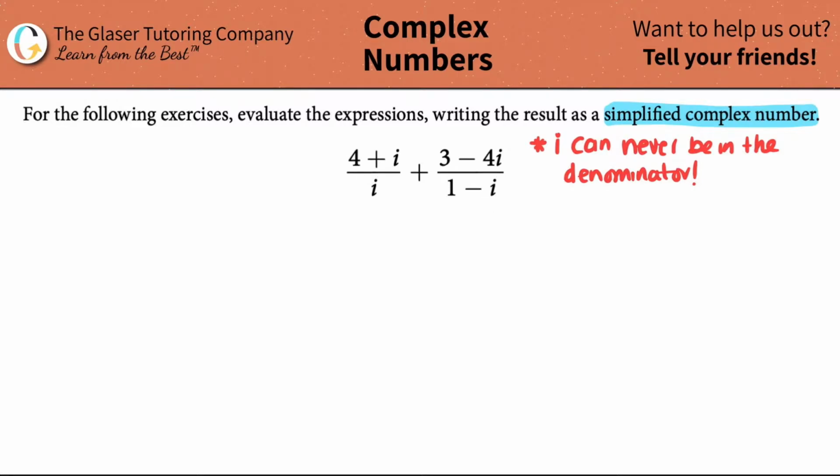Wow. So we're going to have to work with both of these to get rid of i in the denominator. Now what I'm going to do here is erase this. You'll see why in 2 seconds. So if you need to write this down, pause the video, but I need to erase it because I want to work on both sides. But just know that i can never be in the denominator, okay?